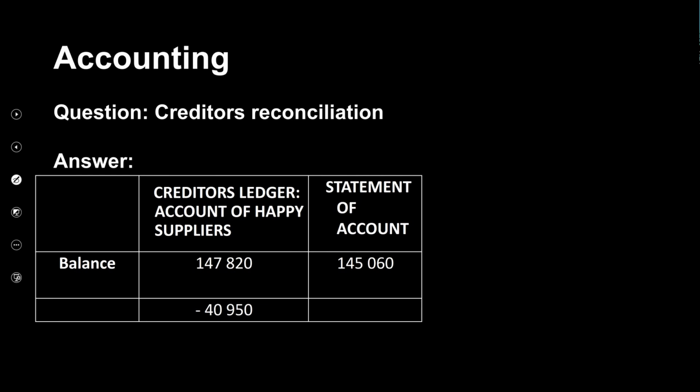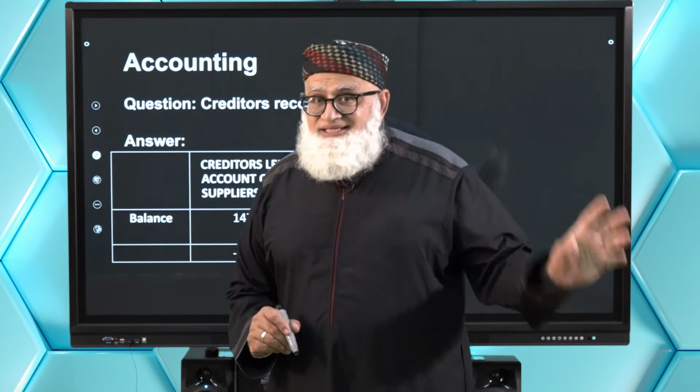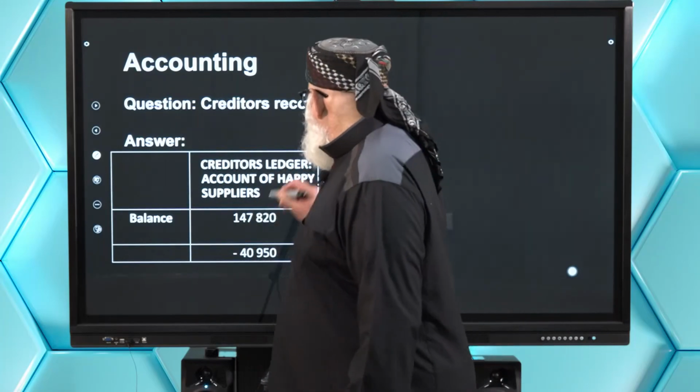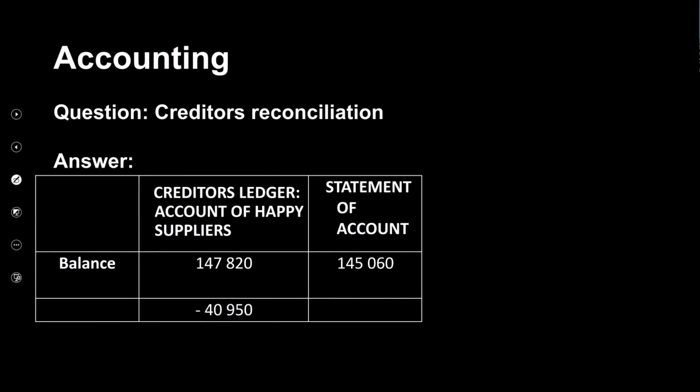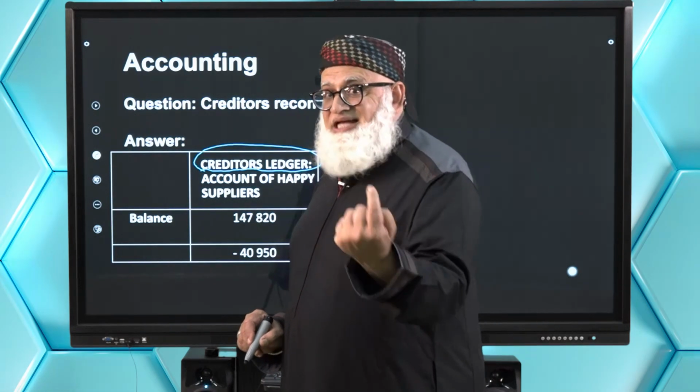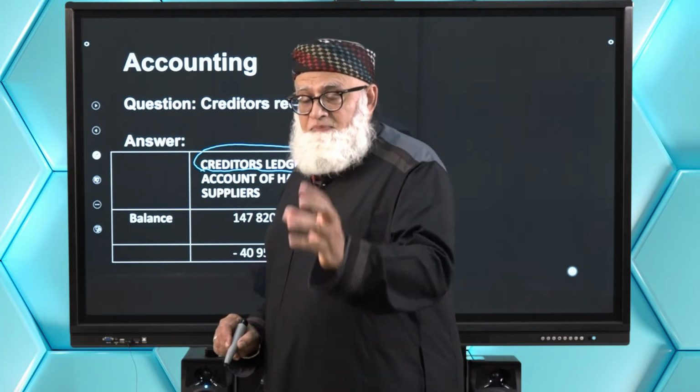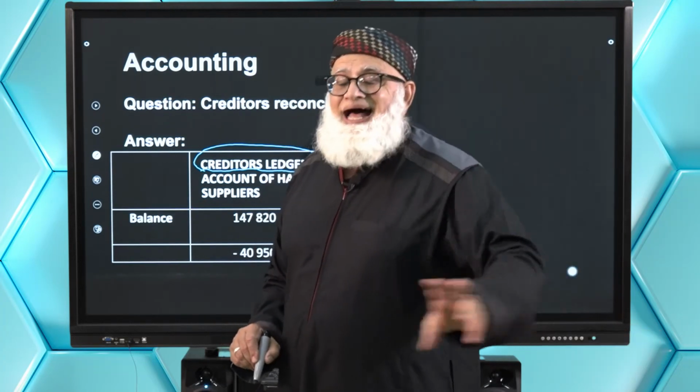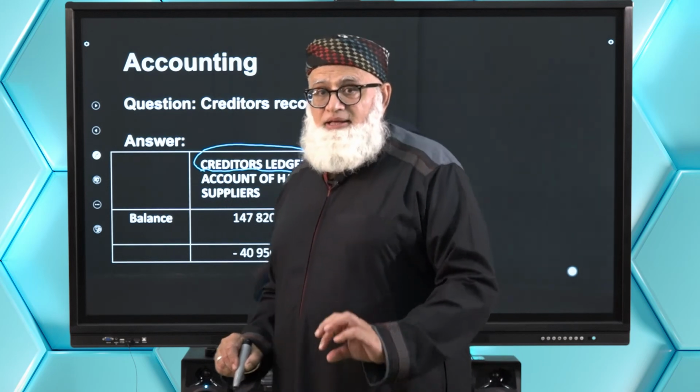We have included goods that we bought from Oasis, but we put it under Happy Suppliers, meaning it is incorrect in their account. So therefore, the fact is we have made the error, so immediately we go to the creditors ledger, right? That's the error. In the creditors ledger, we have an invoice there that doesn't belong there. It belongs to somebody else, another creditor, namely Oasis.